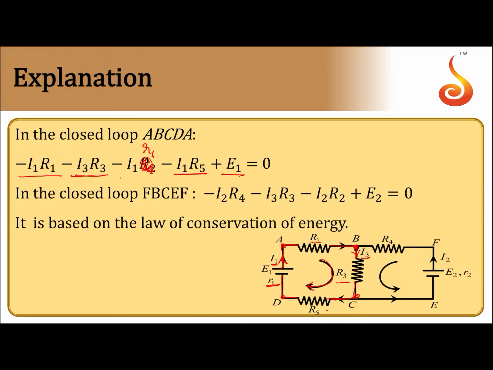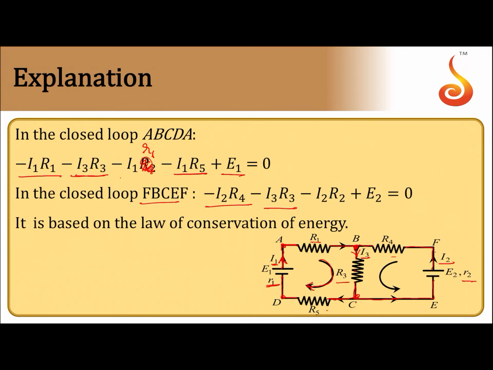Similarly, let us apply it to the loop F, B, C, E, F. We are traveling this way. F to B, there is I2 into R4, so minus I2 R4 you will get. Then I3 R3, minus I3 R3 in the direction of current.